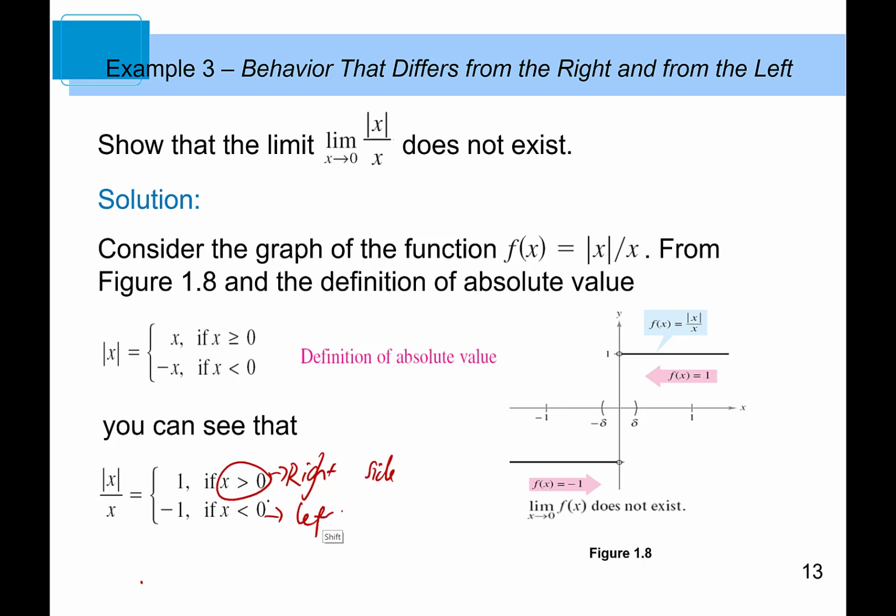This is the left side. When x is less than 0, we get negative 1 here. So these two numbers are not equal to each other.